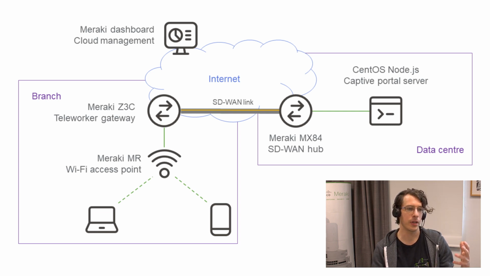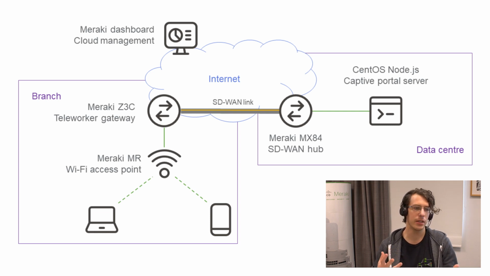On this diagram, you can see what I have used in my lab. I have used laptops to identify workstation type of devices, and then I have used iPhones, which I use to identify a bring your own device type of device.